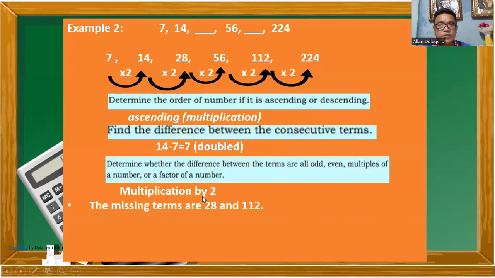A multiplication by 2. So 7 times 2 is 14. 14 times 2 is 28. 28 times 2 is 56. 56 times 2 is 112. And 112 times 2 is 224.